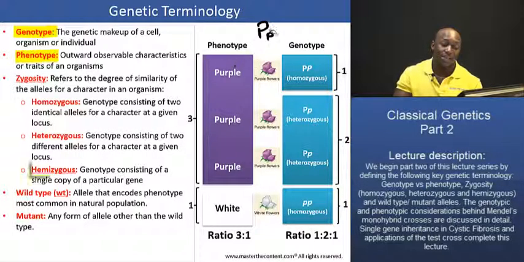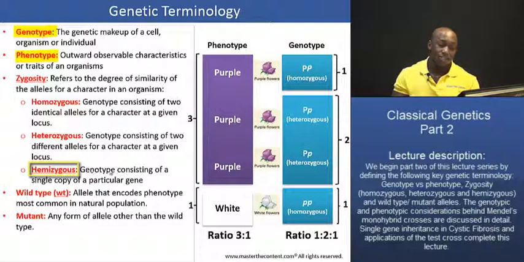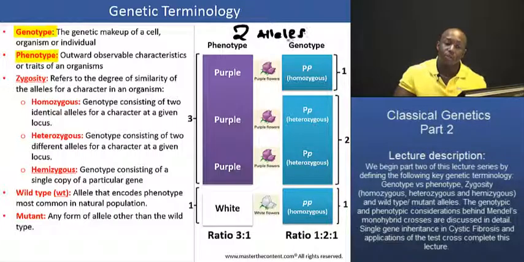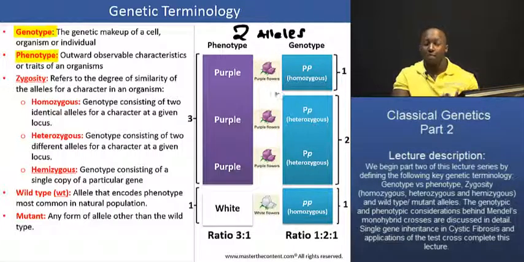And what hemizygous means is that it's a genotype that consists of a single copy of a particular gene. So remember, I said that for any one gene, you have two alleles. So for instance, for the gene that determines purple flower character, you have two alleles that are determining it.